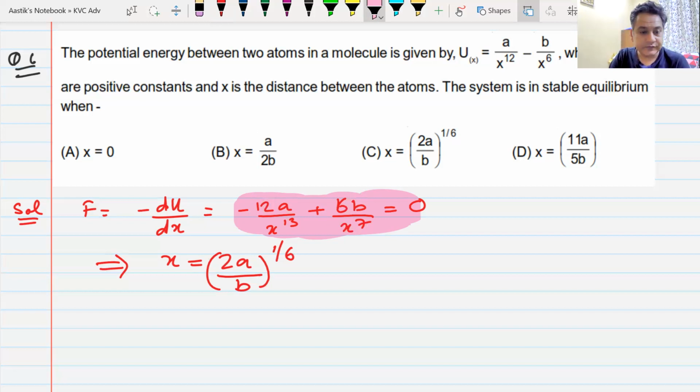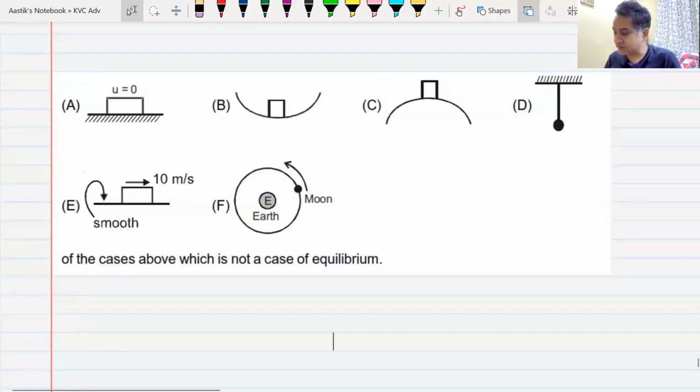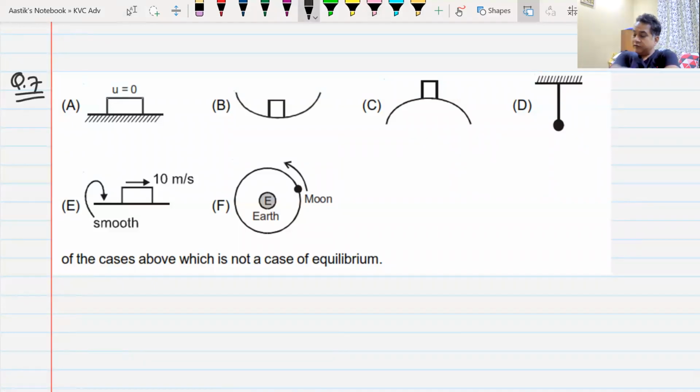This one. Tell me the answer fast. Which of the following cases is not a case of equilibrium? Sir, it's F. Yes?